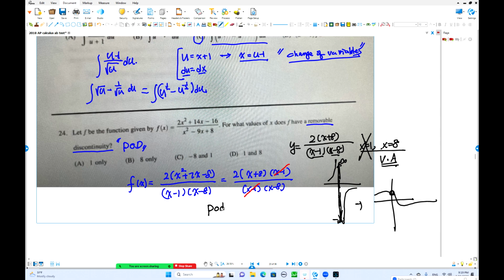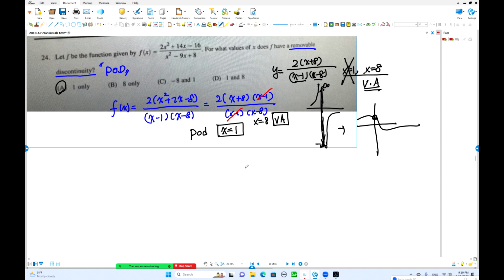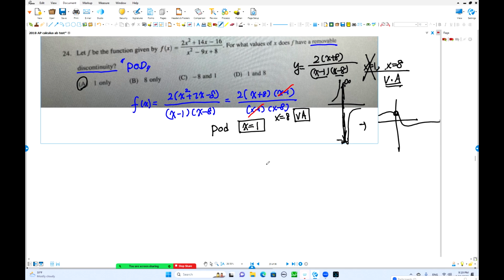A hole, okay? Where? When x is 1, okay? 1 only. x equals 8 is still what? Vertical asymptote. That is not a hole, okay? That's number 24.